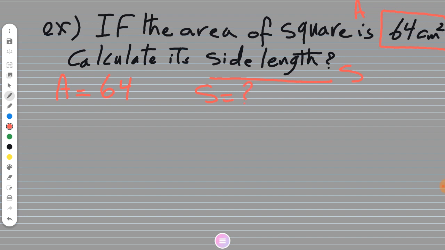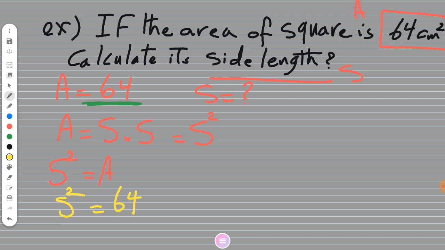The area of a square equals side length times side length, which I can write as S to the power 2. So S to the power 2 equals A. Instead of A, we put 64. So S to the power 2 equals 64.